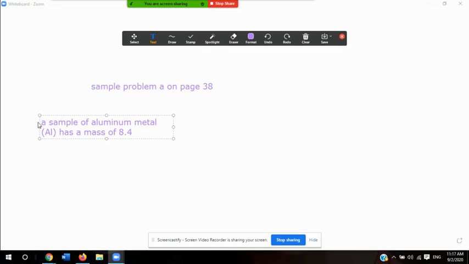Okay, yeah. So it has a mass of 8.4 grams.